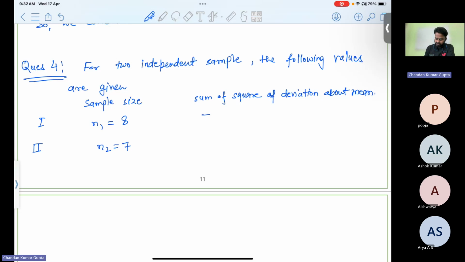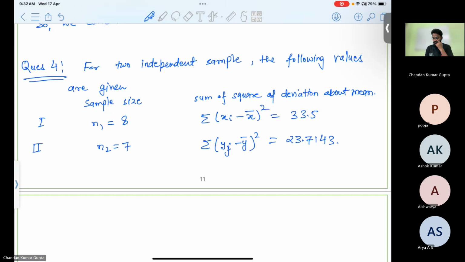For the x variable, the summation of xi minus x bar whole square is 33.5. And similarly, for yj minus y bar whole square, it is 23.7143.